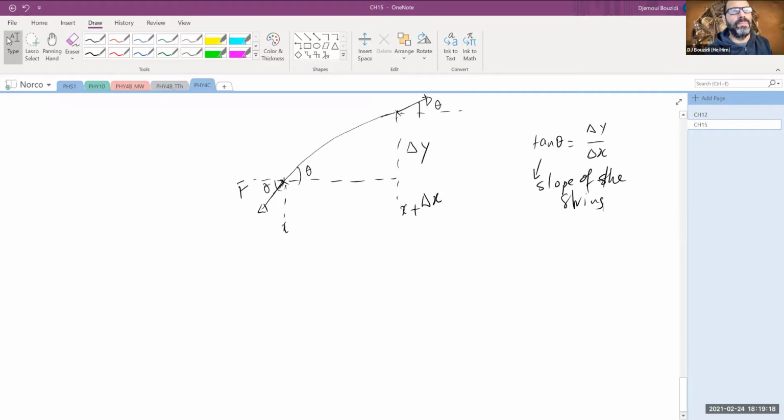We have the forces, and now we're ready to use what law from physics 4a?